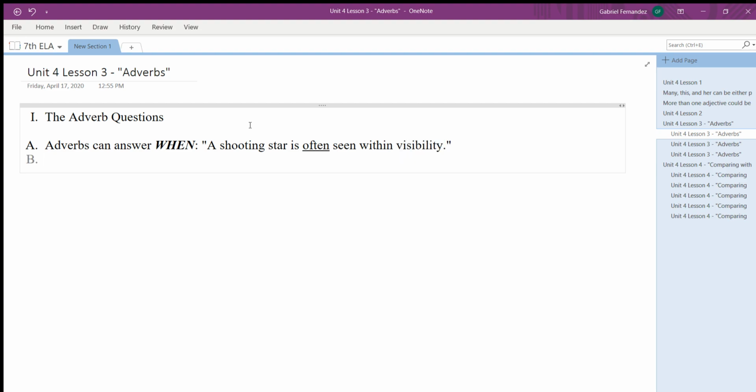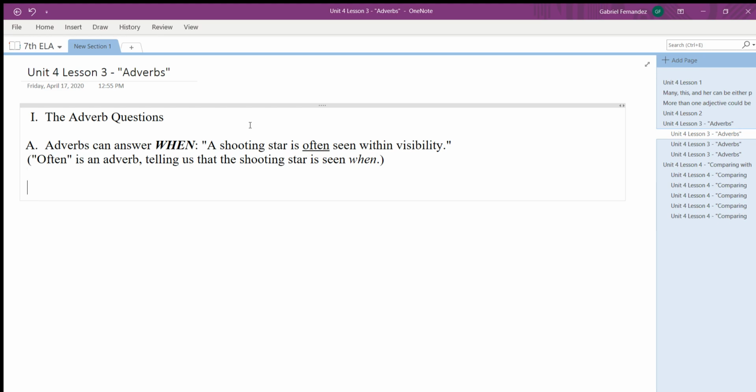This is an adverb. Often is an adverb telling us that the shooting star is seen when. It's often seen. Okay?